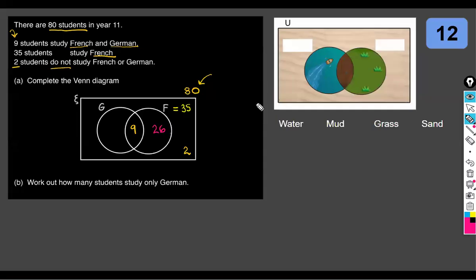Right. So now, in a question like this, we need to complete the diagram. It's not fair that we have a 26 here, and a 9 here, and a 2 here. Can anybody tell me what value would go here in my adjusted question? If there are 80 people in all, 26 live here, 9 live here, 2 live outside, how much goes here?